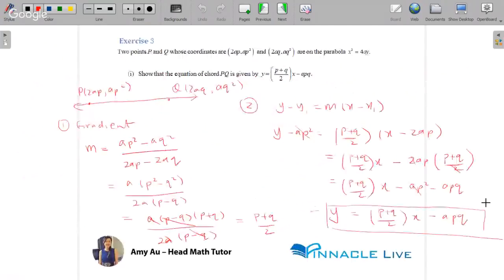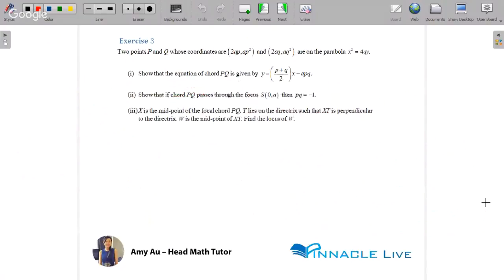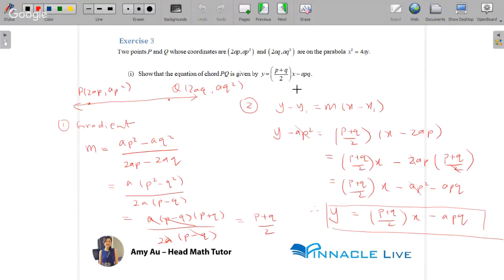So let's summarize what we've done in this question. We've got two points on a standard parabola. The first step was to find the equation of the chord, which we did by a very standard coordinate geometry process: find the gradient and then use the point-gradient formula, and you'll get the equation.